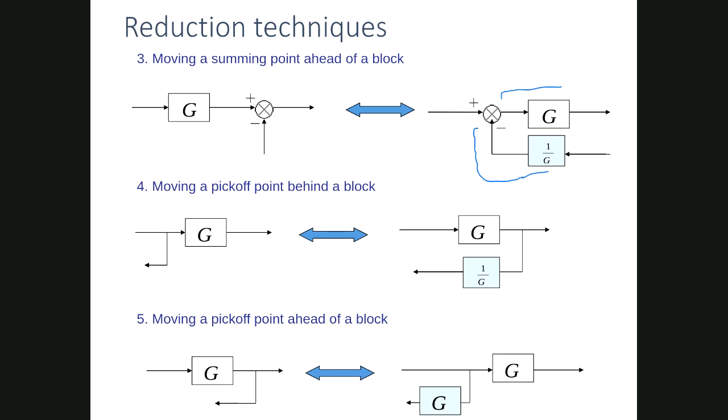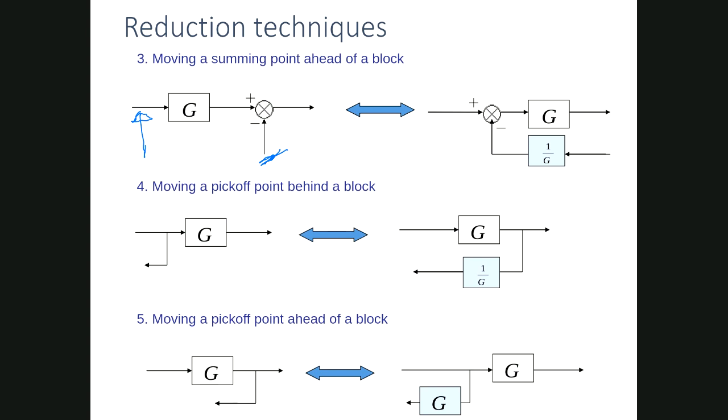So we'll have 1 over G times G is going to be, at the end, we'll just have 1. So that means if we move this signal to this point, or I'm doing the opposite, the signal going in here, we want to move it so that it goes in before this joint.